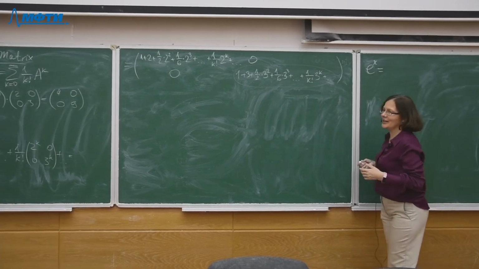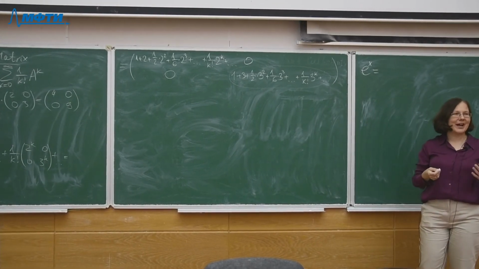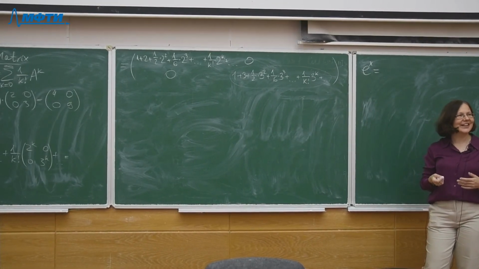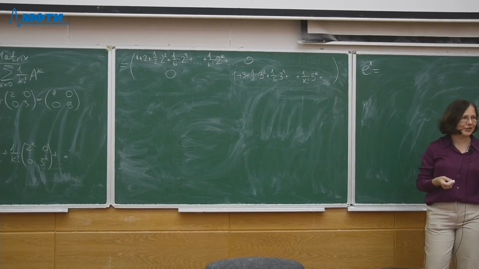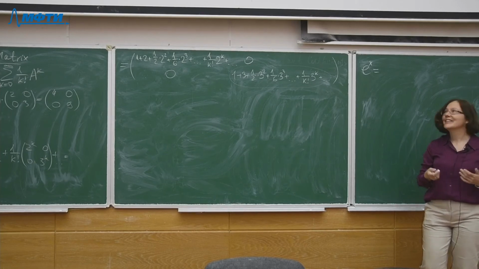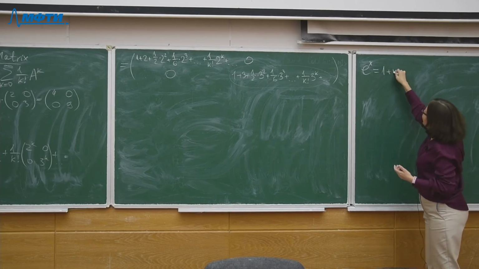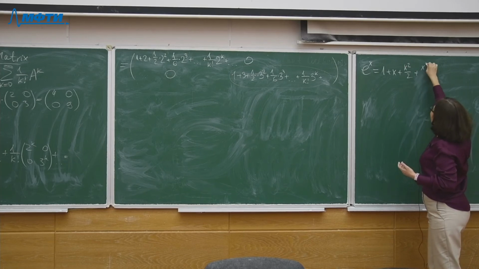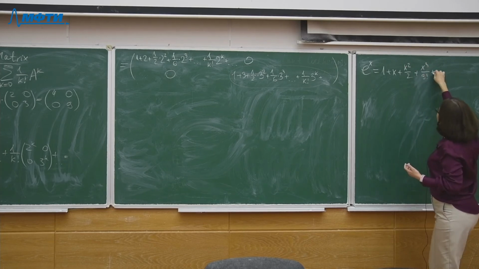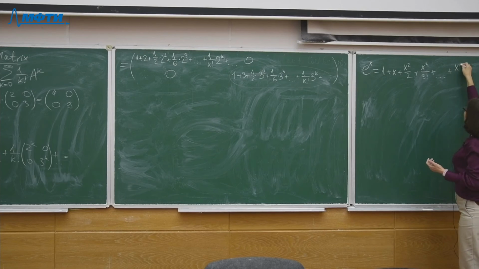The Taylor expansion of this function about x equals 0, about the origin, is 1 plus x plus x squared over 2 plus x cubed over 3 factorial plus and so on, plus x to the k over k factorial, plus and so on.